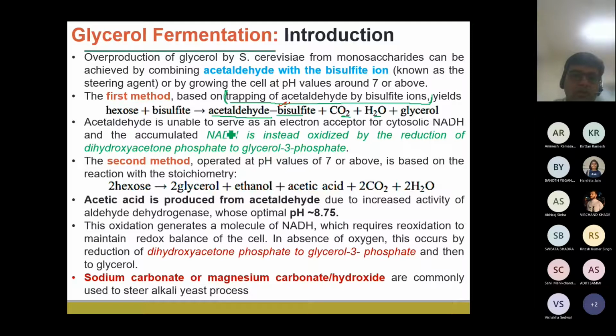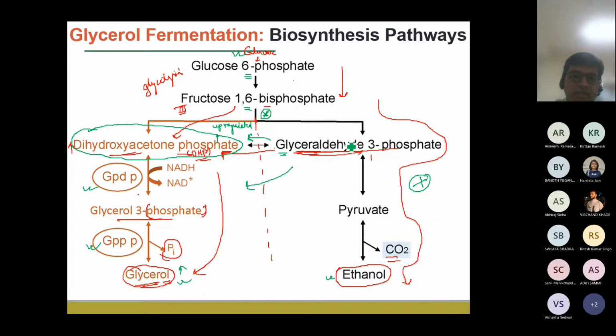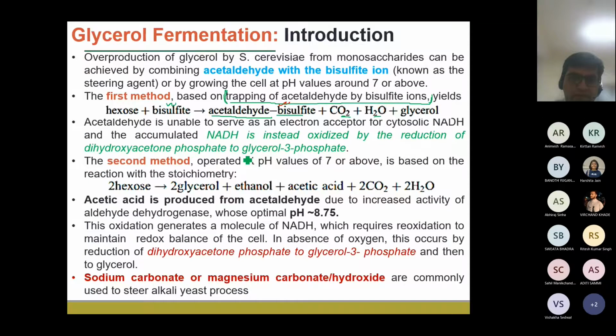Basically, if you see the bisulfite ion and the acetaldehyde moiety, that is the acetaldehyde present in the structure of glyceraldehyde 3-phosphate, these bisulfite ions react with, or bond with, this glyceraldehyde molecule, and it helps in the conversion of glyceraldehyde 3-phosphate into dihydroxyacetone phosphate.